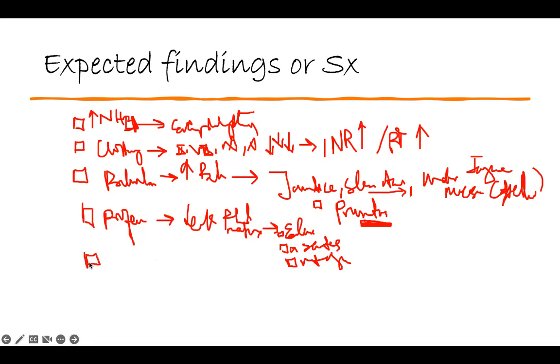Then I talked about platelets, and how the liver can affect platelet function. This is from portal hypertension. When the liver is cirrhotic and there's too much pressure, the portal vein cannot take blood back to the liver, so there's too much blood in the portal system.